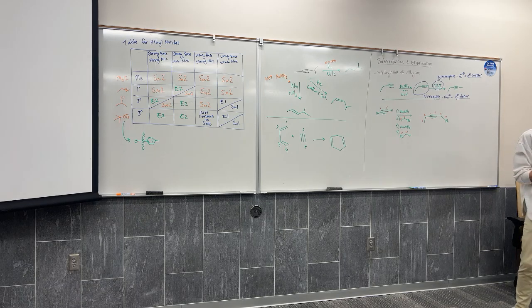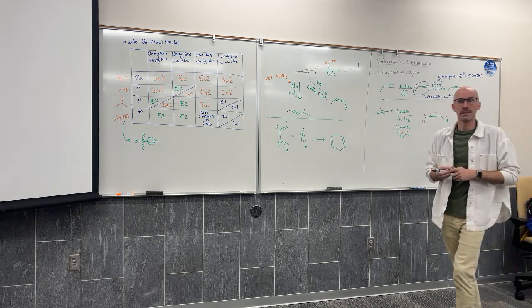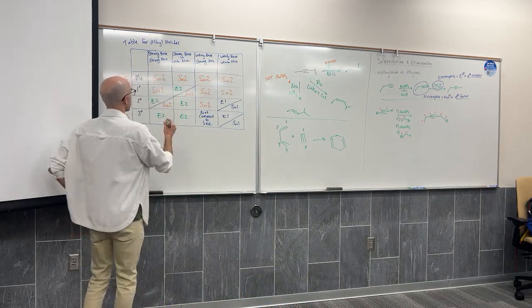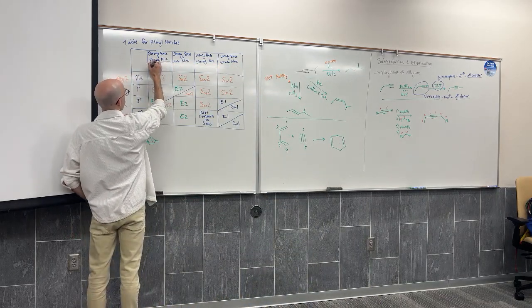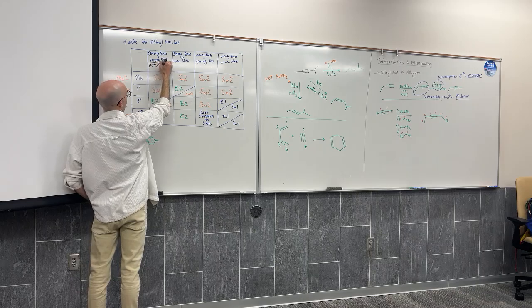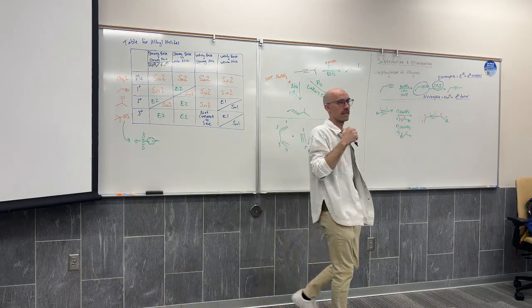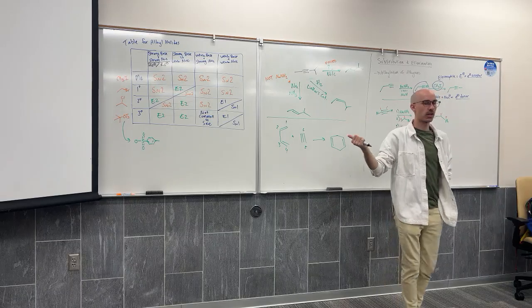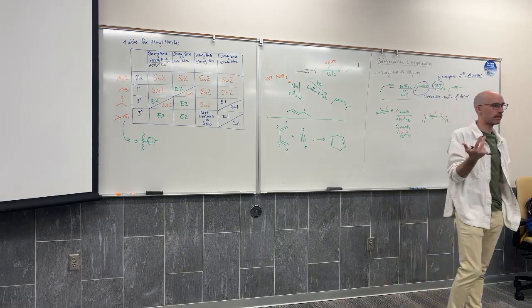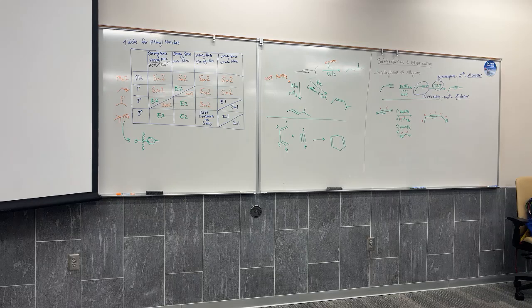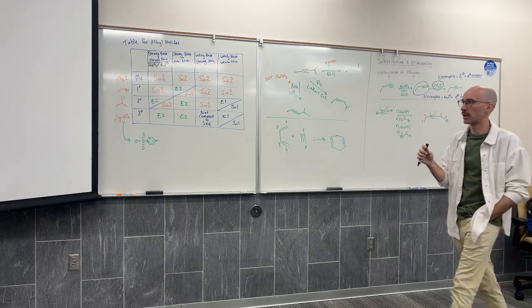All right, I want to give you some examples now. Things that are really good at being nucleophiles, but very good at being bases. We start off with hydroxide and alkoxides. That's something like hydroxide, methoxide, ethoxide, the conjugate base of our water and our alcohols.